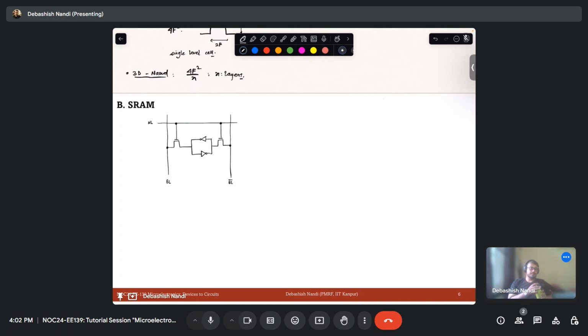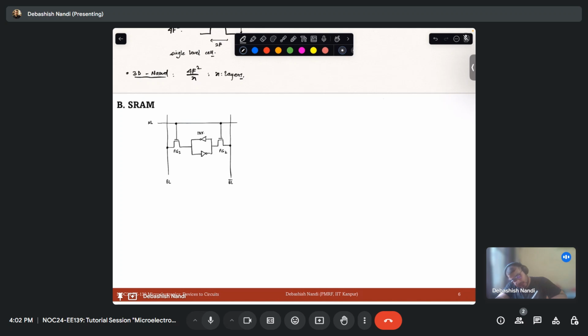So these are your pass gate 1 and pass gate 2.